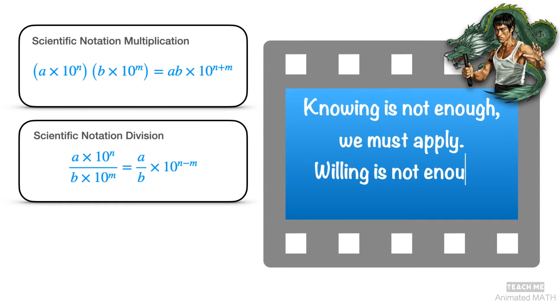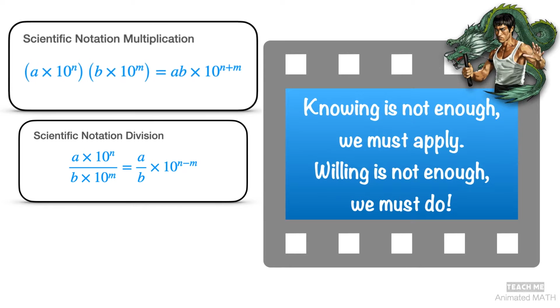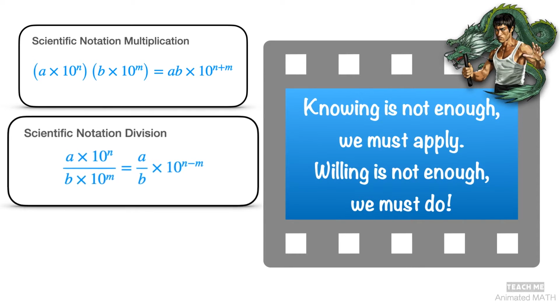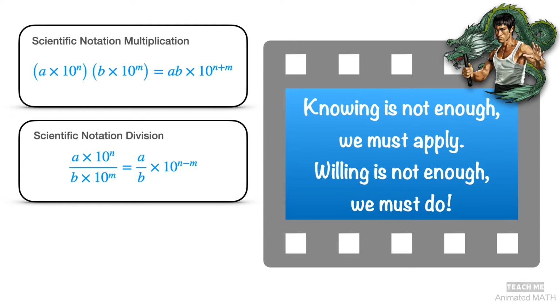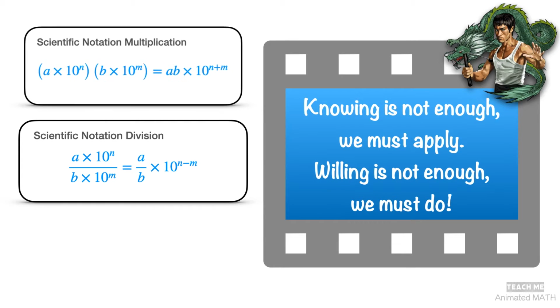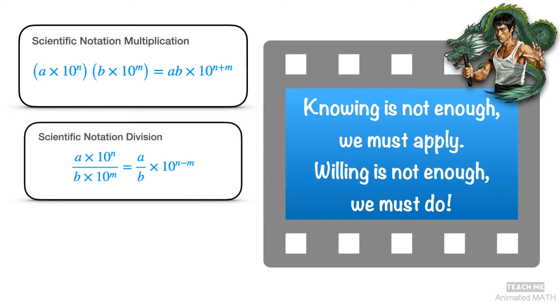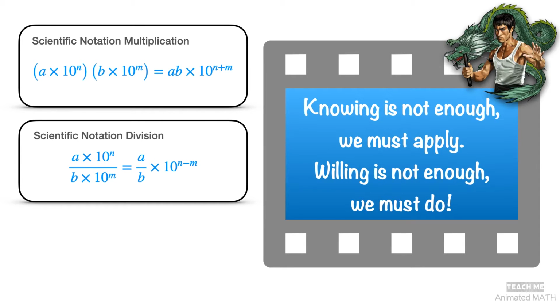Willing is not enough, we must do. Just memorizing these two formulas isn't enough. You must apply these concepts by solving problems involving scientific notation, multiplication, and division. So, solve along with me to gain mastery of it.